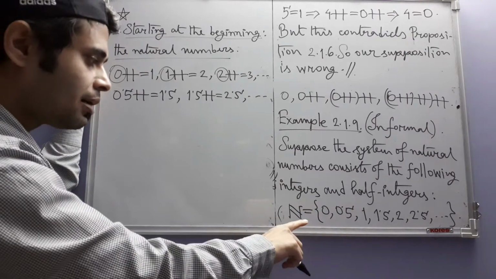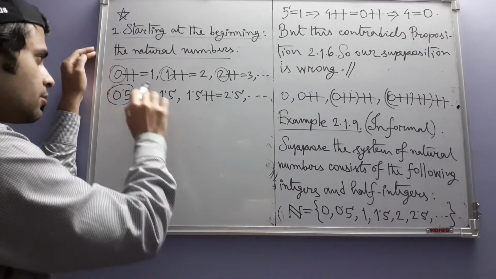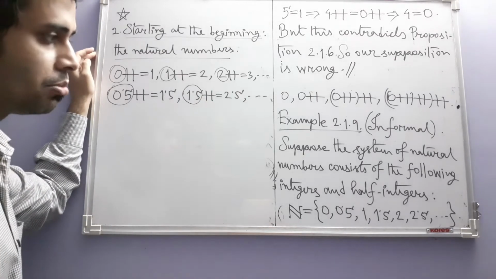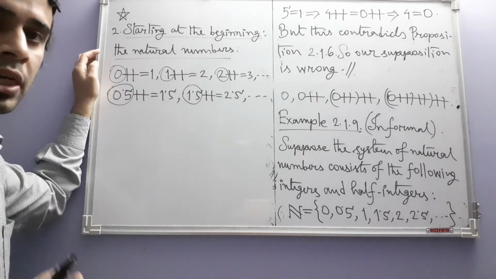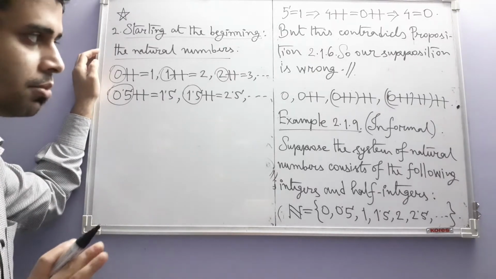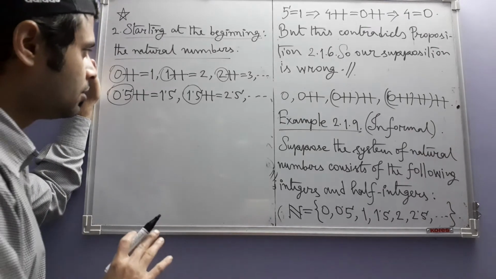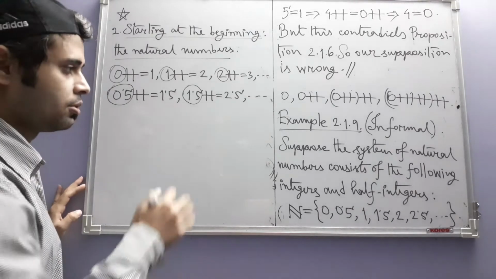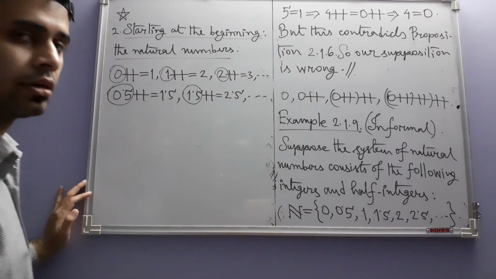If we are saying that these are all the natural numbers, then the successor of even these strange looking numbers are also there, which means they are also natural numbers. From our prior knowledge, we know that they are not going to be natural numbers, but because we don't have any prior knowledge now, the second axiom is true. The successor of every natural number is again a natural number.